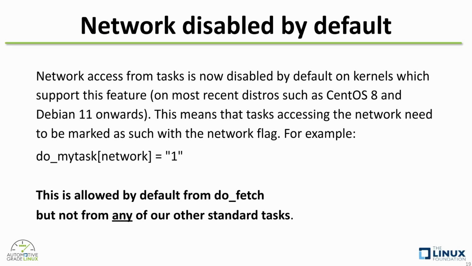This will affect you if there is, for example, submodule fetching, or if in the build process there is some stuff done in configure that accesses the network. So watch out for that. There is a workaround, but we should rather fix the root cause.